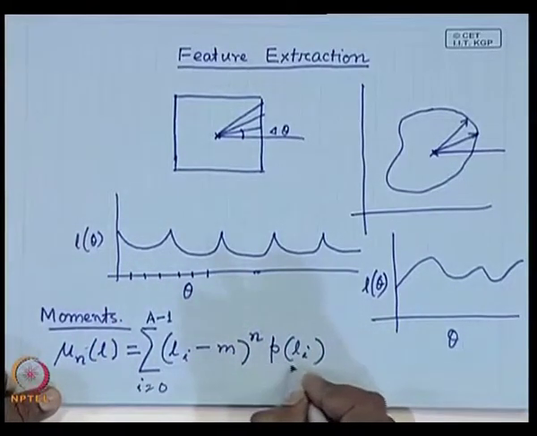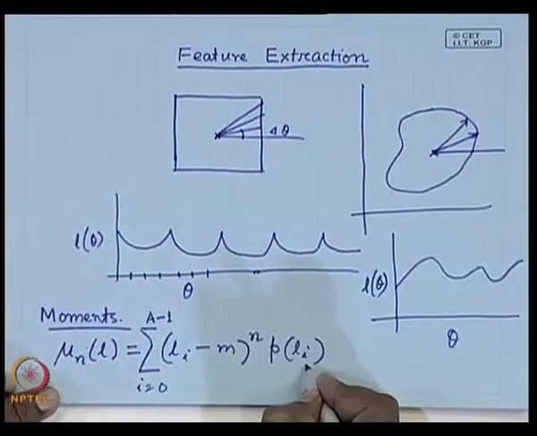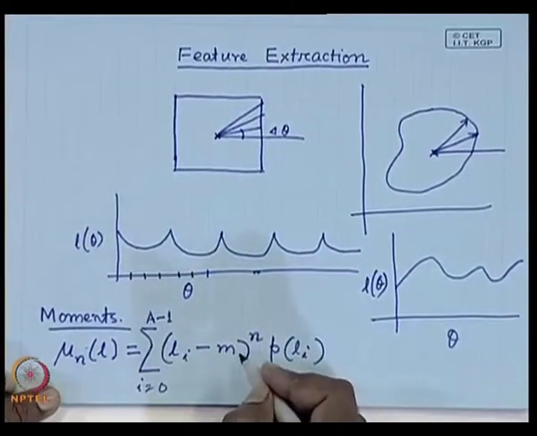Okay. And what I have to compute is p of L_i. So, how do I get this p of L_i?